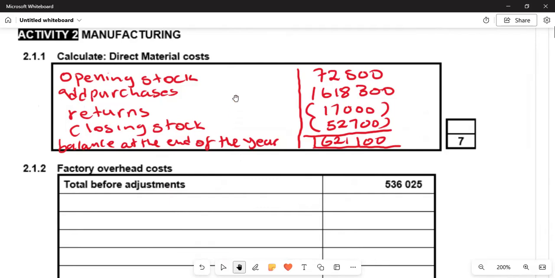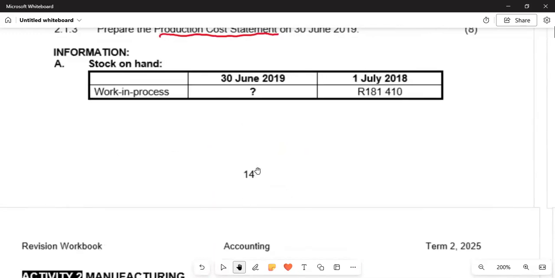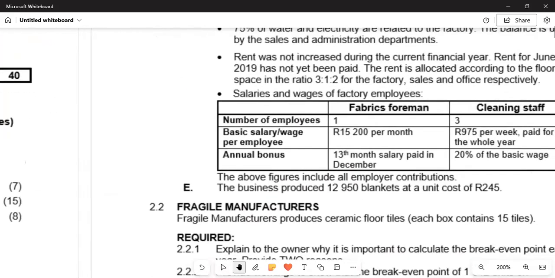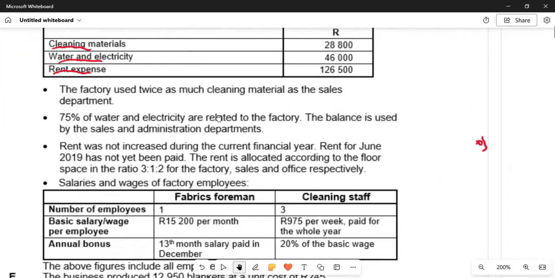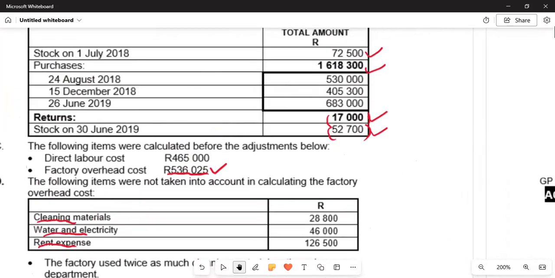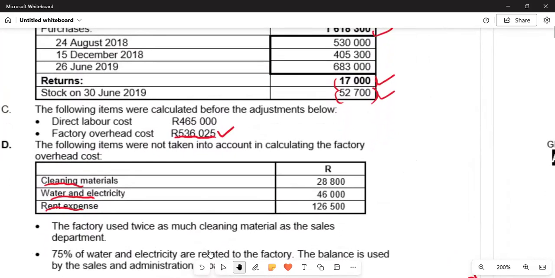So now we are moving on to 2.2, where we are asked to calculate the factory overheads note. It's simple, let's go to the information that relates to the factory overheads. As we know, those are the indirect costs that are associated with the running of the business.